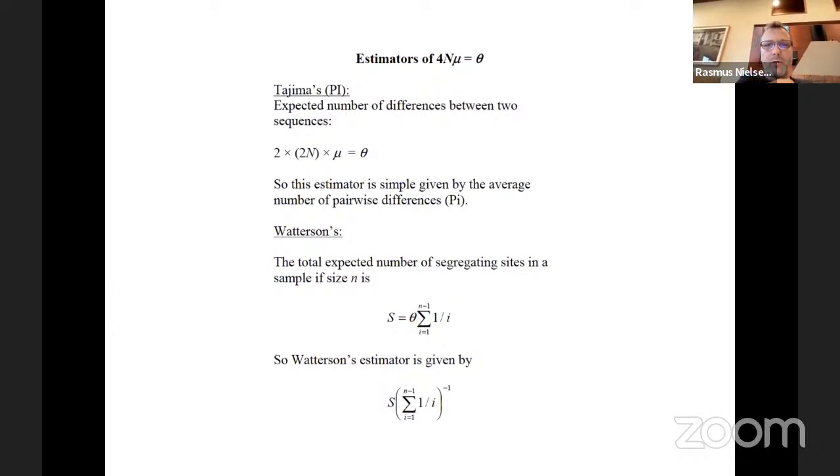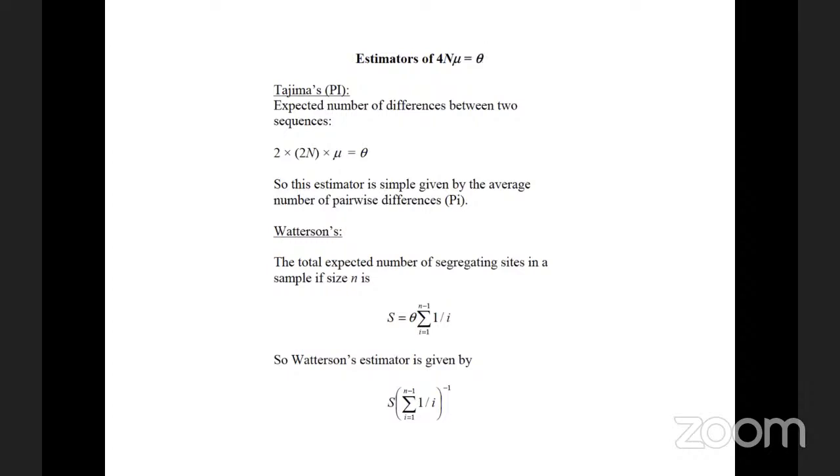Okay, so almost always, or for these models, always when there's no selection, these two parameters, the mutation rate and the population size, will only appear in any likelihood function as a product of each other. So we can't independently estimate these two. So instead, we estimate their product. And for historical reasons, we use this 4Nμ, which is theta, as what's called the fundamental population genetic parameter.